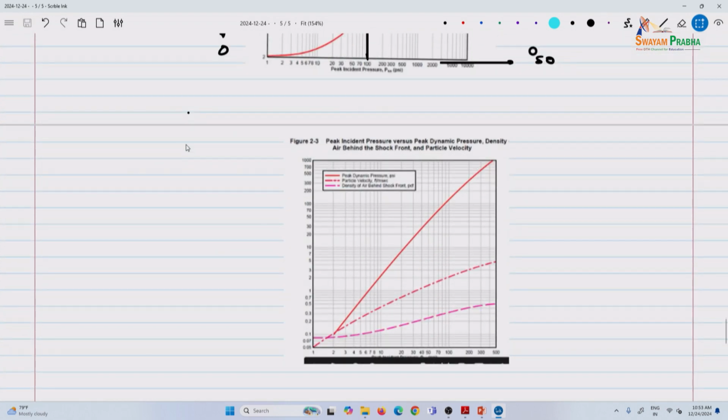Okay, so here you see this is the figure giving you the peak incident pressure versus the peak dynamic pressure.